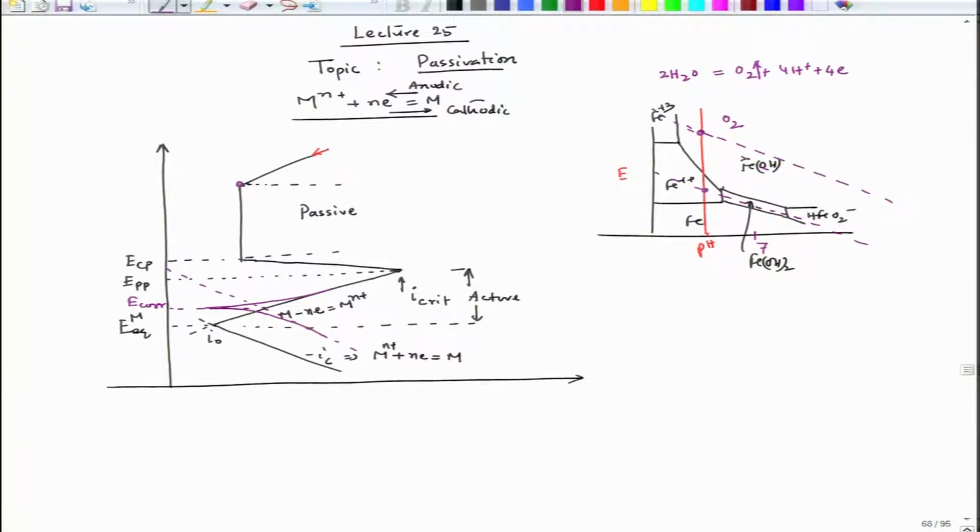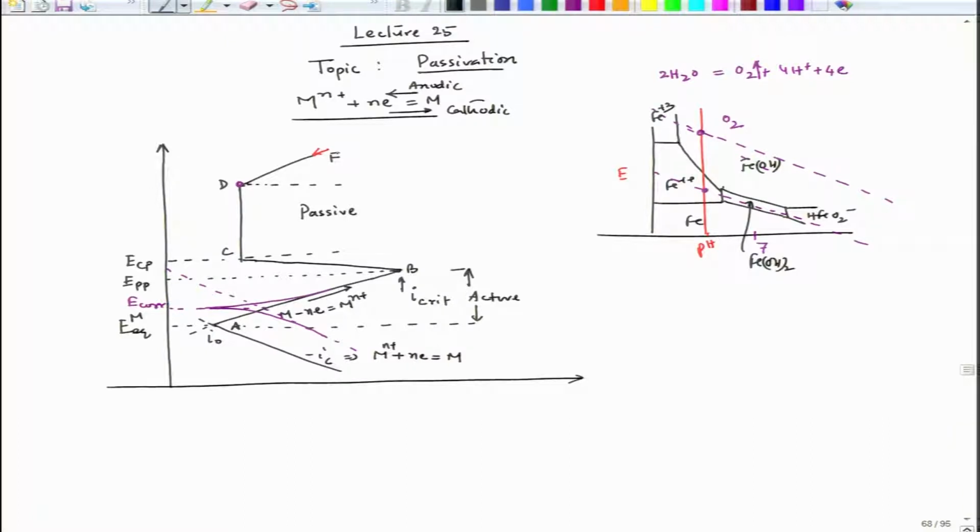Now, if we try to see the polarization line corresponding to this line, let me put some marks. Let us say this is A, this is B, this is C, this is D, and I am not putting any value. So, this is let us say F, since we are using E as potential.